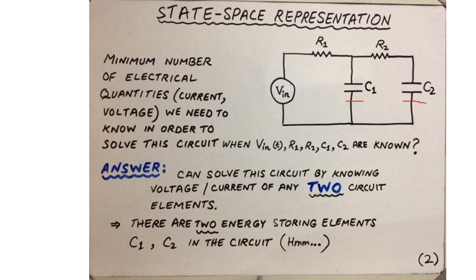And coincidentally, here we have two energy storing elements. Now this is not a coincidence as such. Later on we shall relate the number of energy storing elements with the amount of information that we need to obtain information about the dynamical properties of the system.